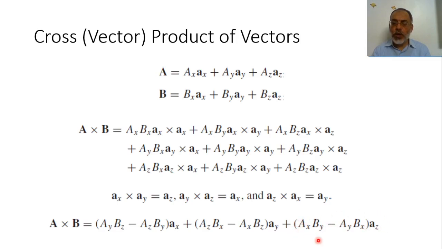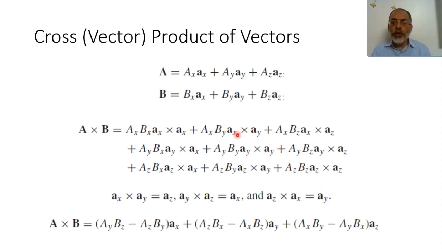I'll work out just one of them and you can complete the remaining. Here AX cross AX is 0, AX cross BY, AX cross AY would be AZ. So this component is AX multiplied by BY in the Z direction.